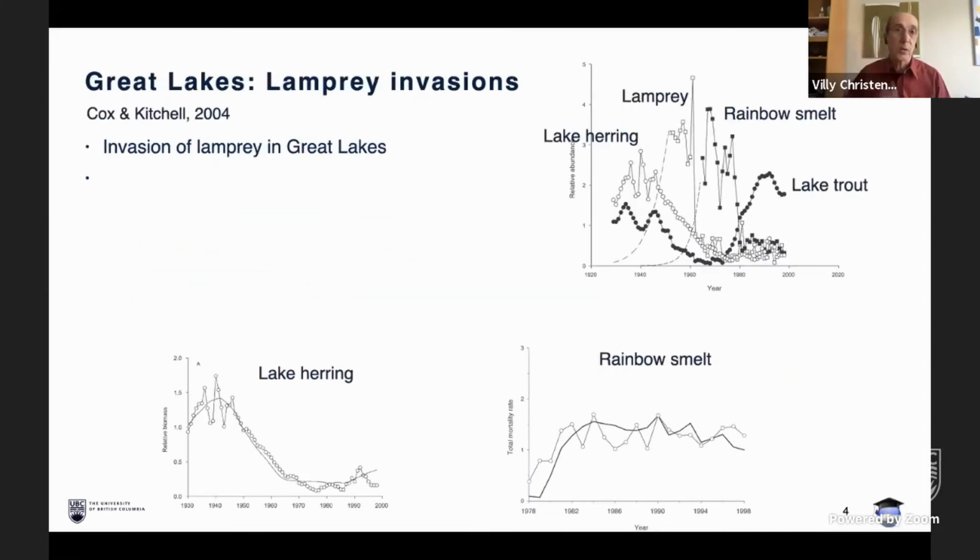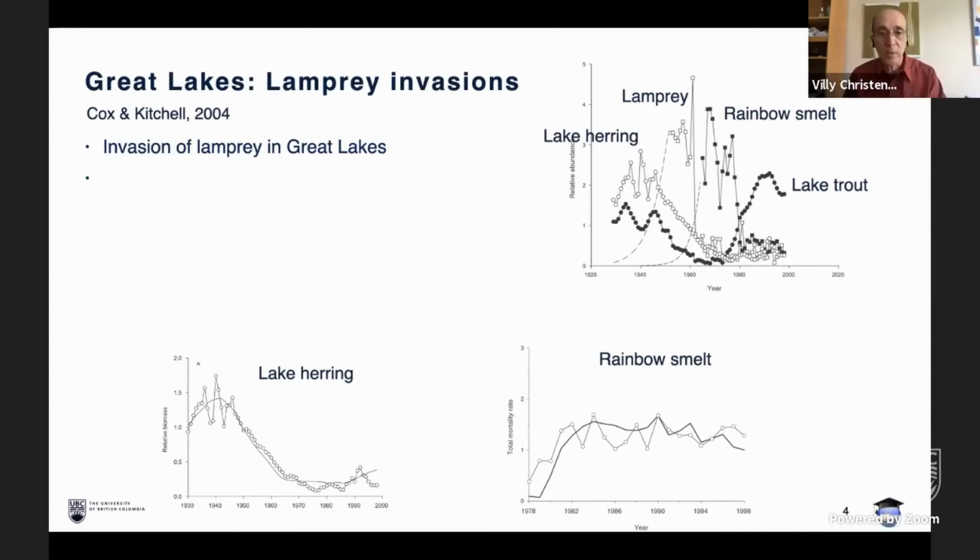Good. So for the Great Lakes, one of the early papers, and I'm not going to talk about the Great Lakes, but there is some interesting work. One of the very first studies on this was the one by Sean Cox and Jim Kitchell that Yu-Chun talked about, where it was a very early attempt, and yeah, they could reproduce the invasion after the fact.